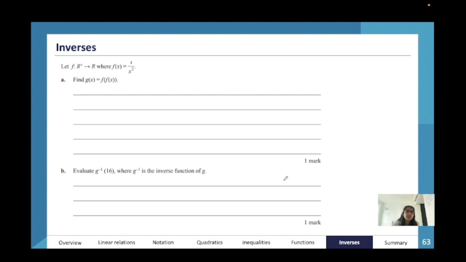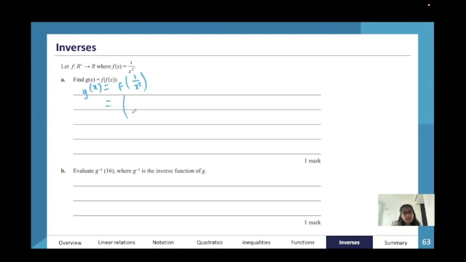So let's have a go at this one. Okay, first part, find g of x. G of x equals f of 1 on x squared. So f of x is basically where there is an x, we're putting the whole function in.